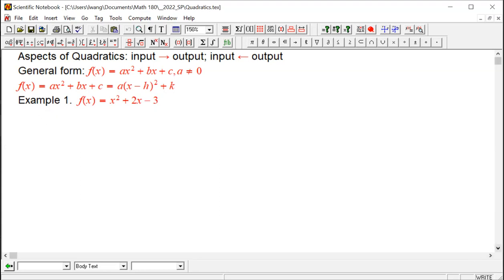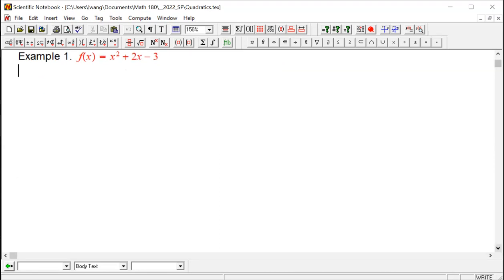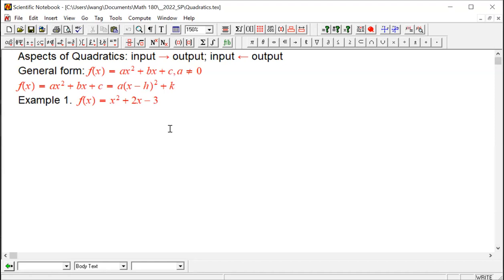Okay, quadratic. And for this function, of course, we can identify the domain very easily, right? Domain is always all real numbers, because this is a special case of a polynomial.